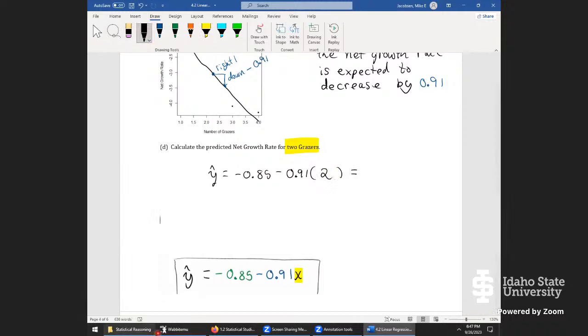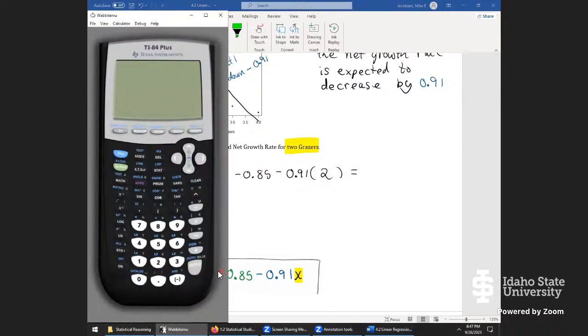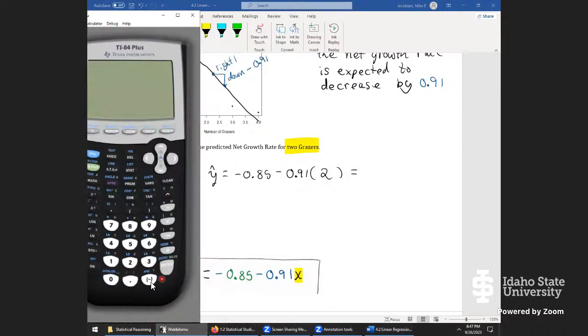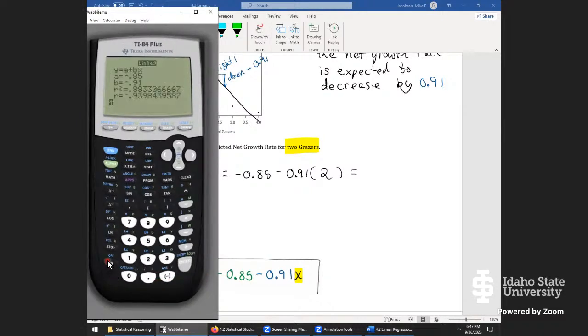We're going to now just take the calculator and crank it out. And that will be our predicted growth rate. So negative 0.85 minus 0.91 times 2. Can throw into the calculator, pretty much just typing out verbatim like on paper. And the predicted net growth rate is negative 2.67.